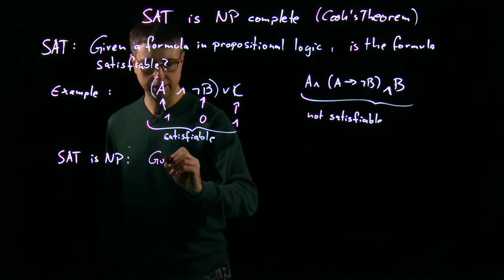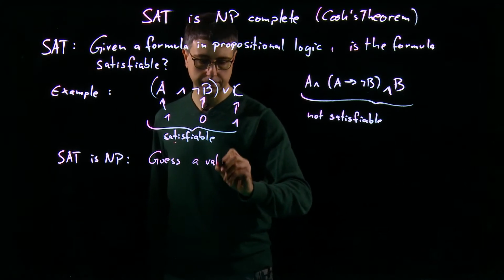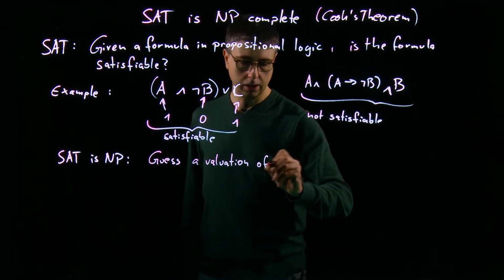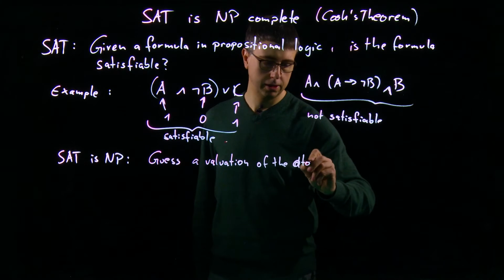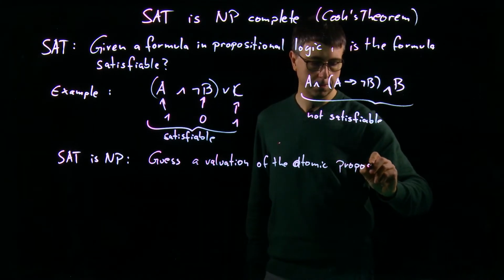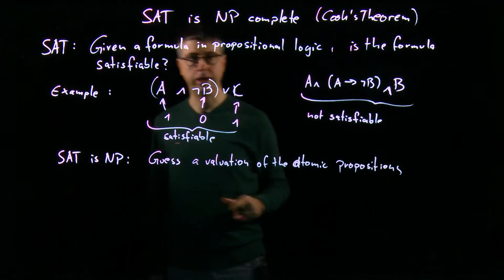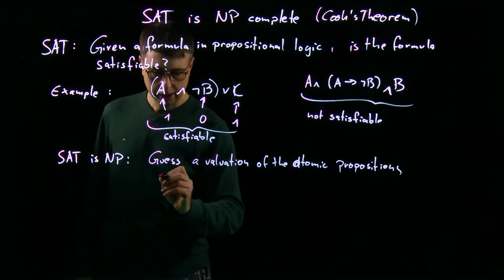So the first step is we simply guess a valuation of the atomic propositions, more or less like we did here.